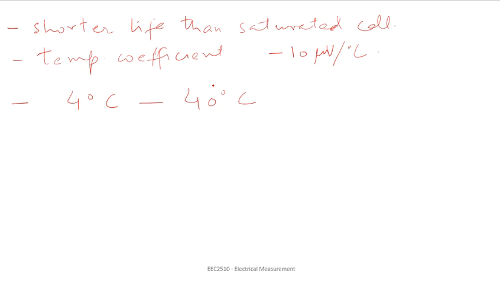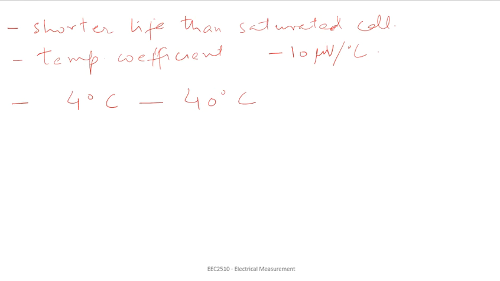And below 4 degrees Celsius the EMF drops rapidly and the electrolyte freezes. Okay, and above 40 degrees Celsius the cell material starts to melt and the voltage will drop sharply around 55 degrees Celsius. So that is the reason that the cell should be operated in between this range. So normally it is recommended that the normal operating temperature should be about 25 degrees Celsius, and the cells should be mounted so that they are not exposed to extremes of temperature.